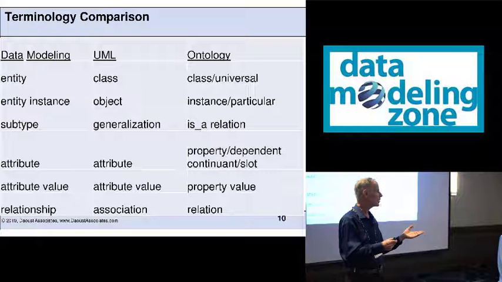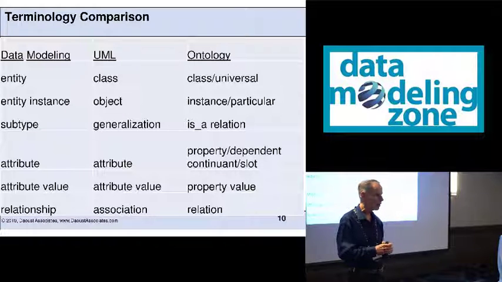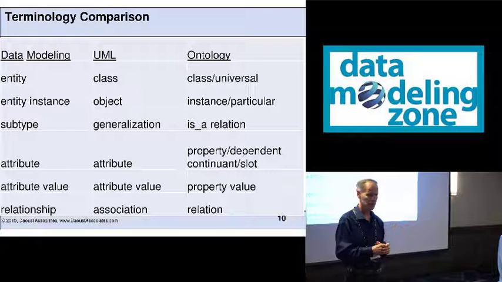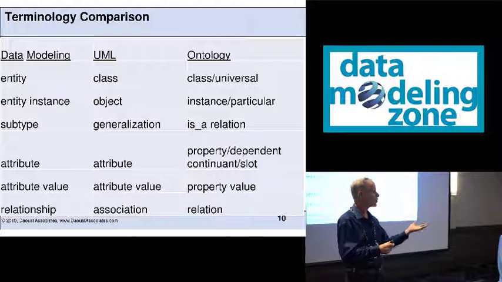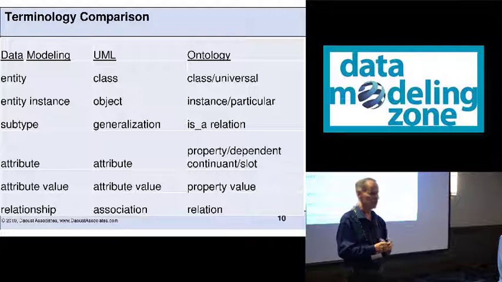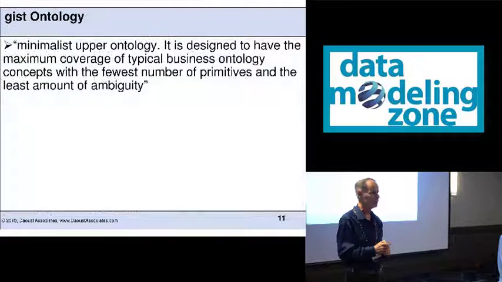Attribute values are the same in UML and data modeling, and they're probably called property values in ontologies. And we know about relationships in data models. They call them associations in UML, and they call them just plain relations in ontologies. So that's just an overview.